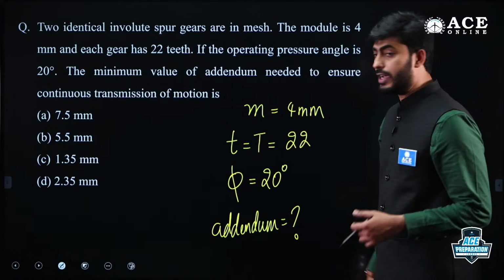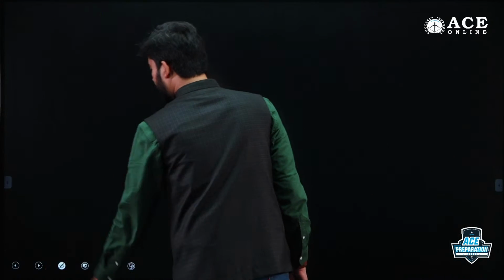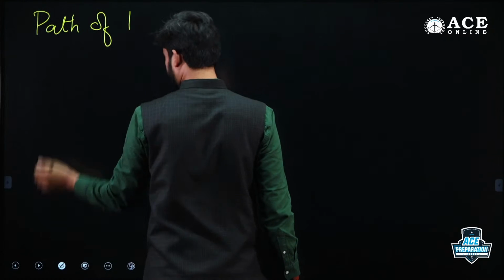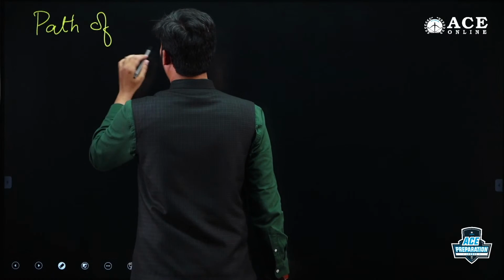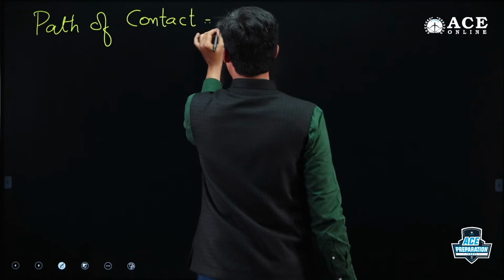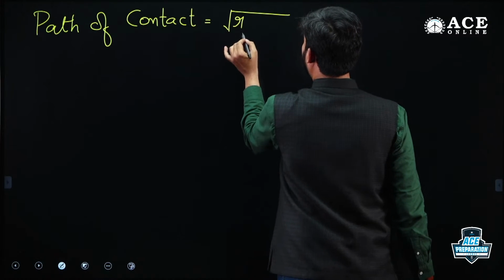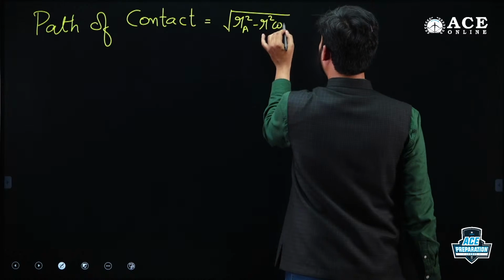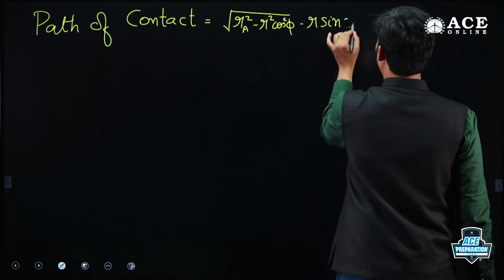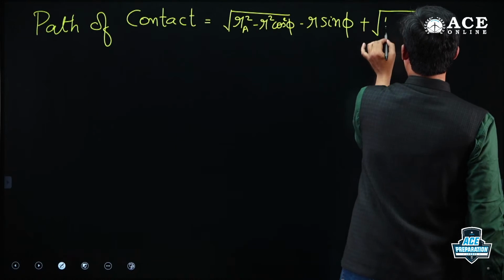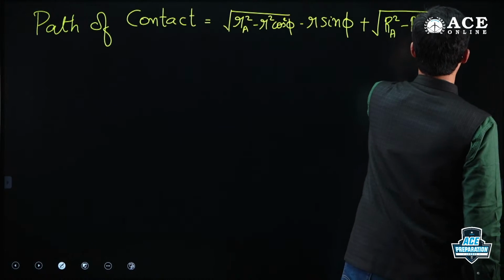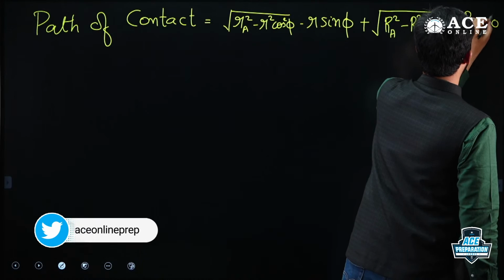So path of contact is equal to sqrt(r_a² − r² cos² phi) − r sin phi, plus sqrt(R_A² − R² cos² phi) − R sin phi.